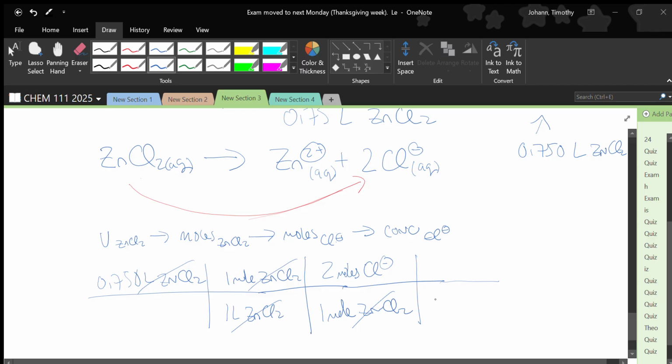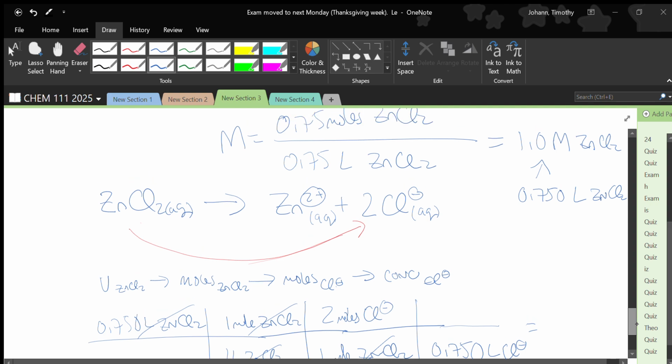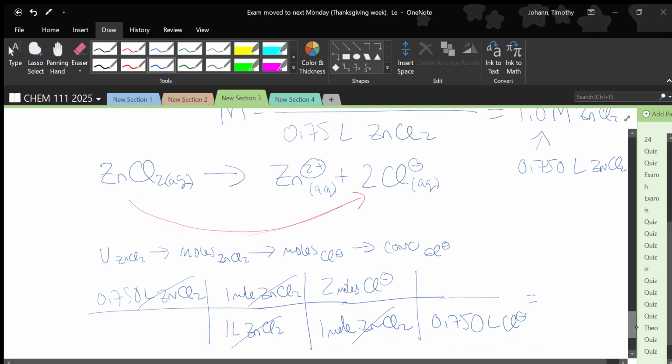So we know why liters haven't changed. So if I have 0.75 liters, that's going to be chloride ions. They're in the same solution, right? It is the same thing, actually. And so 2 divided by 0.75 is going to be something greater than 2. Well, it should just be 2.